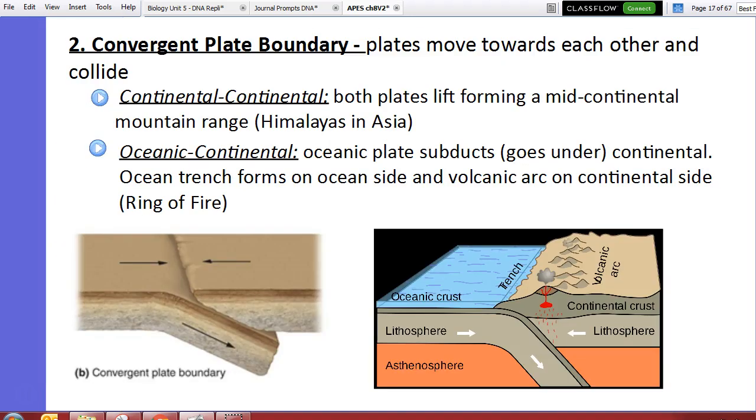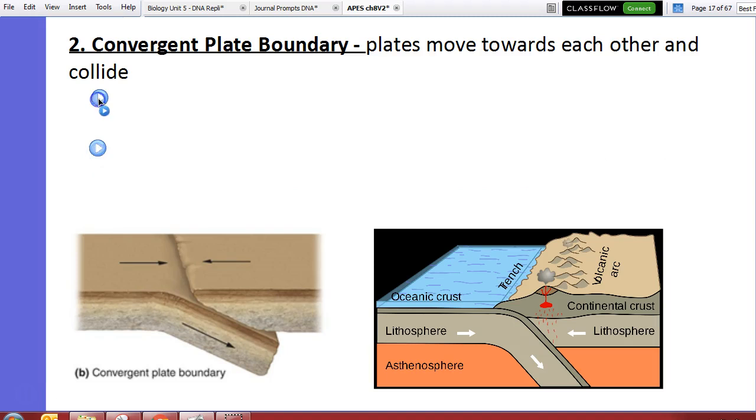Now we have convergent. This means to come together. So this is when we have two plates move toward each other and they end up colliding. And there's two different things that can happen when they end up colliding.